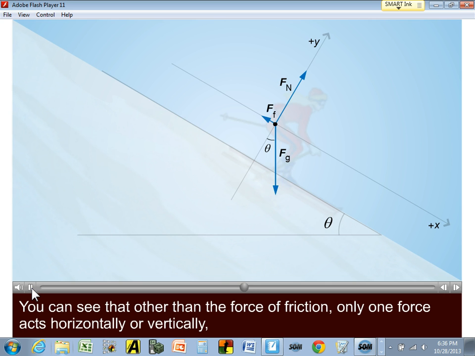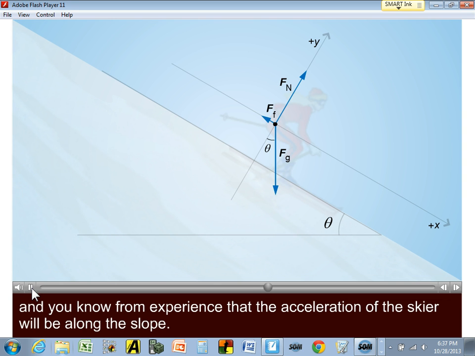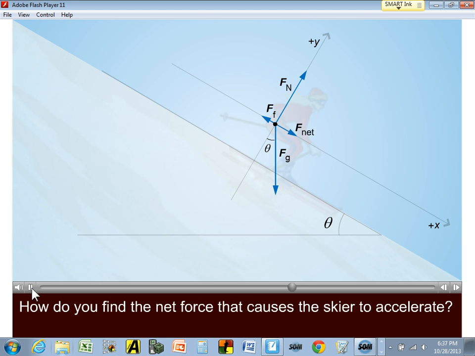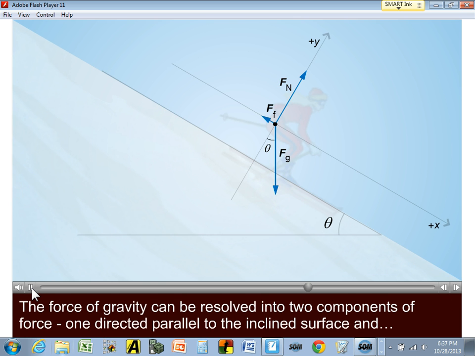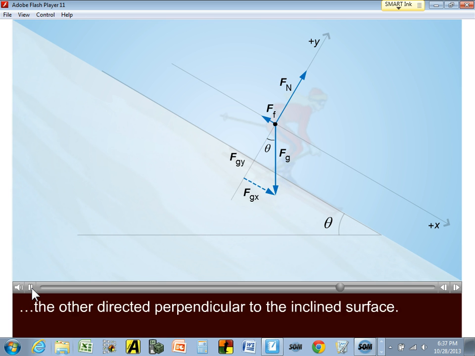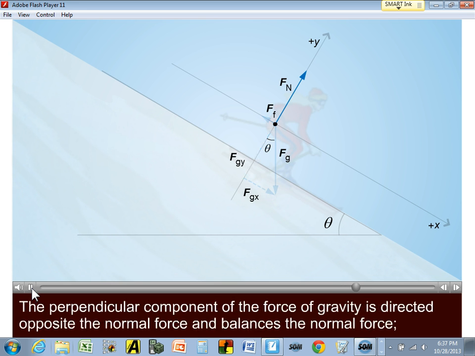You can see that other than the force of friction, only one force acts horizontally or vertically, and you know from experience that the acceleration of the skier will be along the slope. How do you find the net force that causes the skier to accelerate? The force of gravity can be resolved into two components of force, one directed parallel to the inclined surface and the other directed perpendicular to the inclined surface.